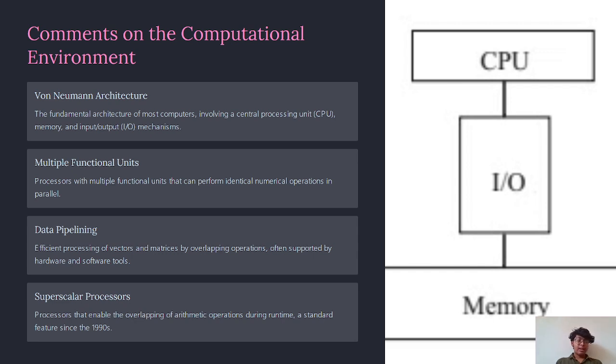Now the data pipelining. Efficient processing of the vector matrix by overlapping operations often supported by the hardware and the software tools. And now looking into the superscalar processors, these processors that enable the overlapping of the arithmetic operation during a runtime, and it is a standard feature since the 1990s.